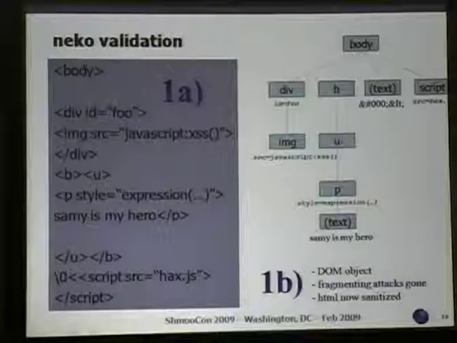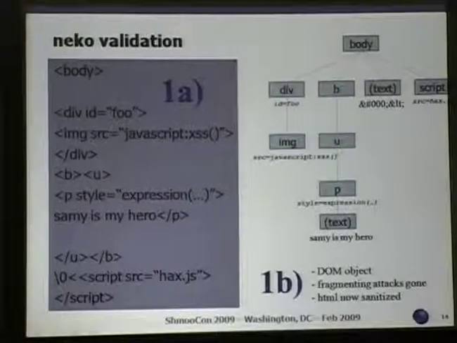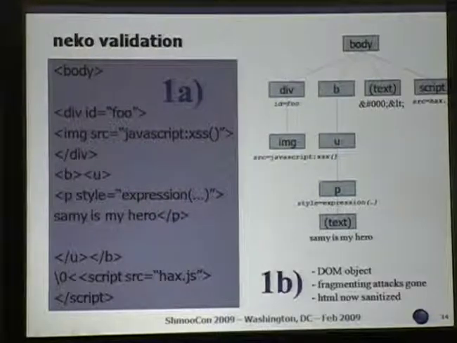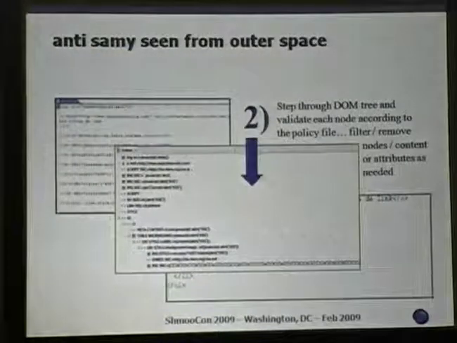What I get from that object is not a string. Neko gives me a DOM, an actual DOM object. Looking at the right here, that's the representation of it. That's an abstract tree. The body tag is at the top, and then there's a div and a bold, etc. Now that I have a DOM to work with, I can apply the rules from my XML policy.